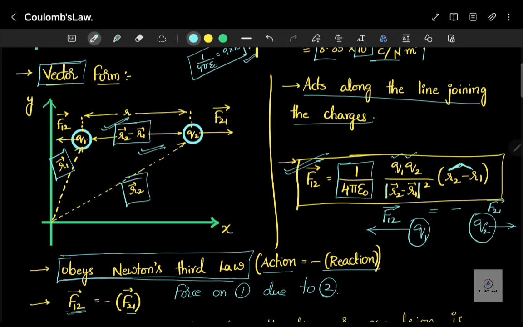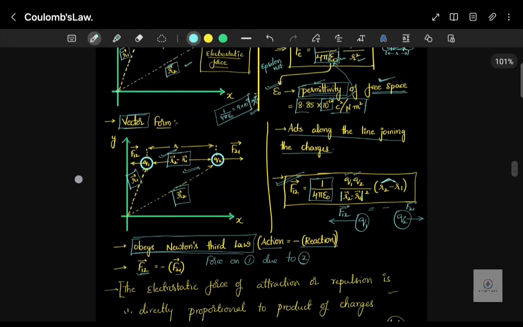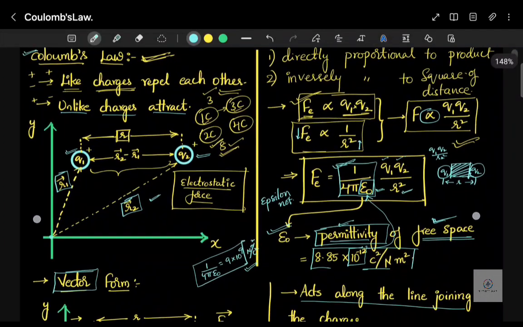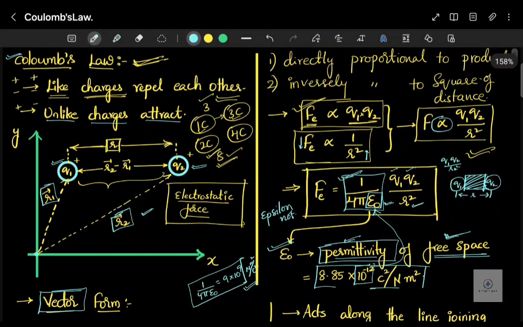Okay. So this is about Coulomb's law. And what is that Coulomb's law, my dear? It is the electrostatic force of attraction or repulsion between the two point charges. It is directly proportional to product of the charges and it is inversely proportional to square of the distance between them.